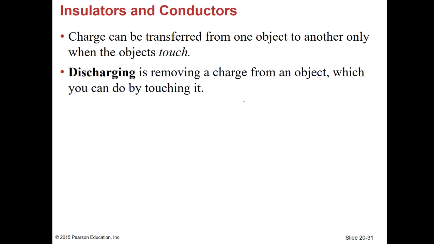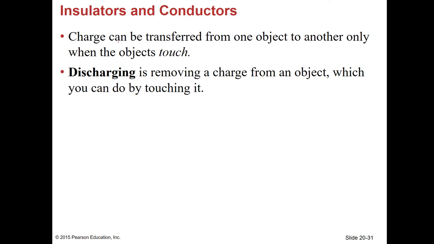So charge can be transferred from one object to another. Up here at the top, charge can be transferred from one object to another only when the objects touch. You could actually, if you had a big enough electric field, have some electrons discharge just through the air. You think of air as there's nothing there, but there actually is a substance there when there's air around it.